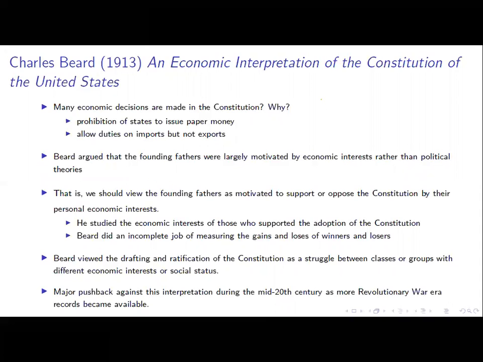We're almost out of time. Let me just throw out one thing, and it'll be sort of a topic to think about. So the U.S. Constitution was created by the elites.